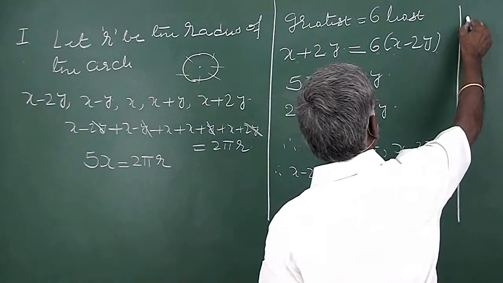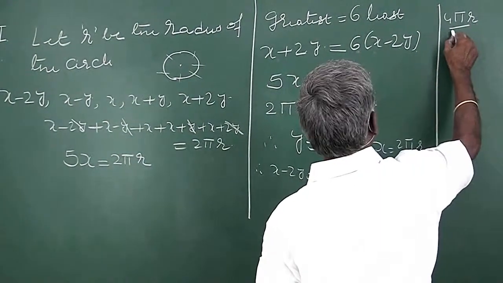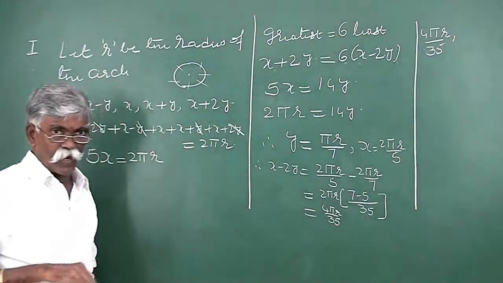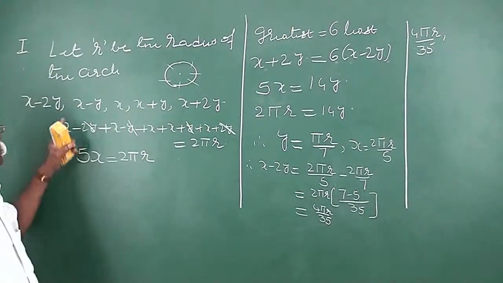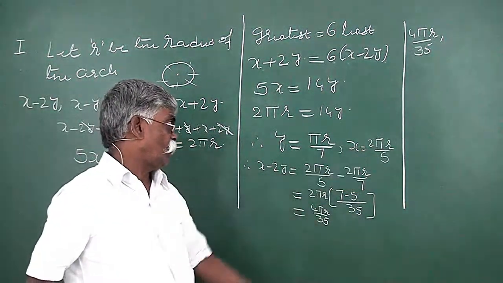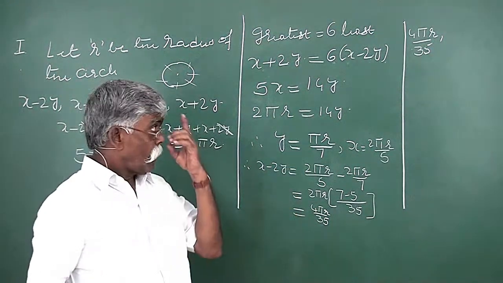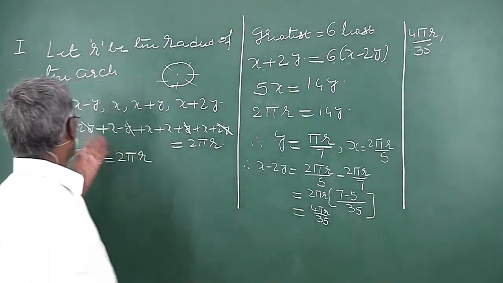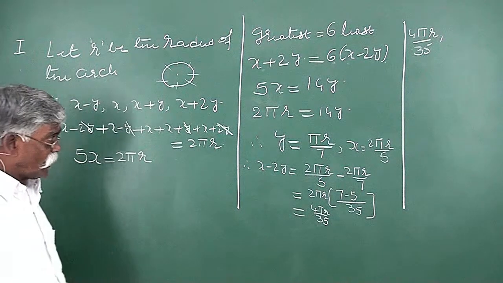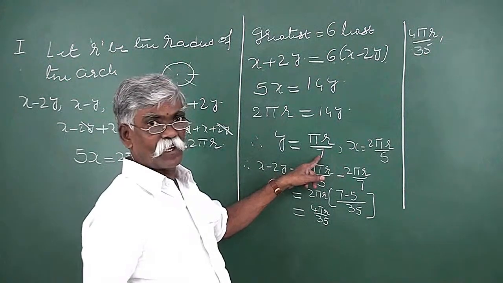So the first one is 4 pi r by 35, and x minus y is the second one. The value of x is 2 pi r by 5, and minus y we have to calculate. The common difference here is taken as y, so we can add y to that. y is pi r by 7 or 5 pi r by 35.